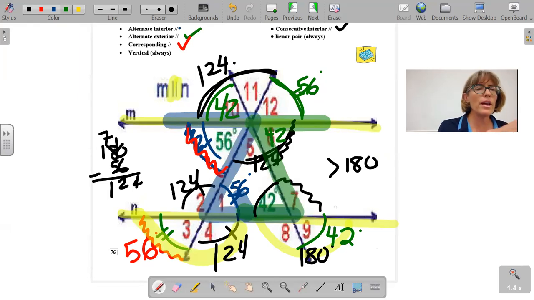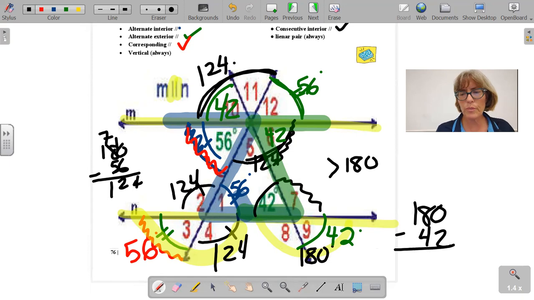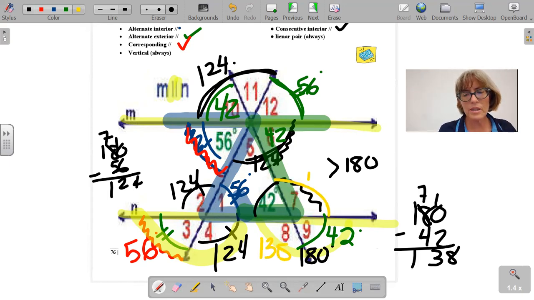You got the 180 there. So 180 minus 42. We get 138, which means this is 138 because it's vertical, which means right here, this and this together is 138, which means 11 and 12 together are 138.